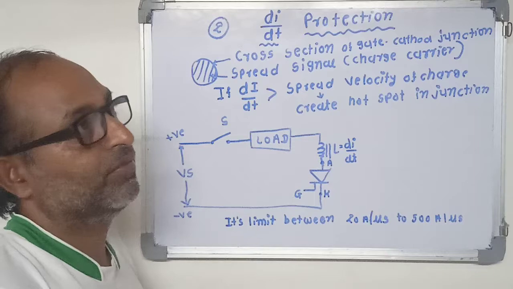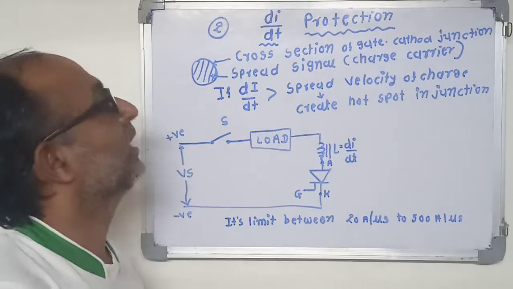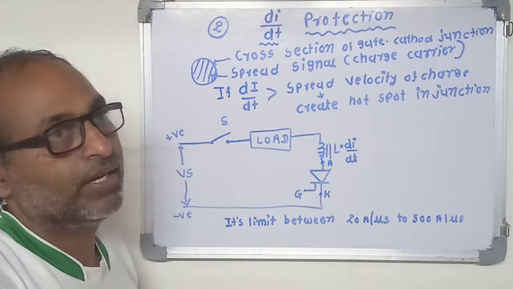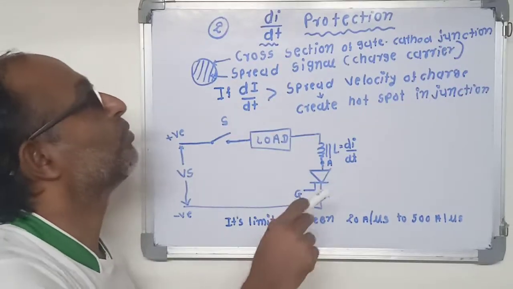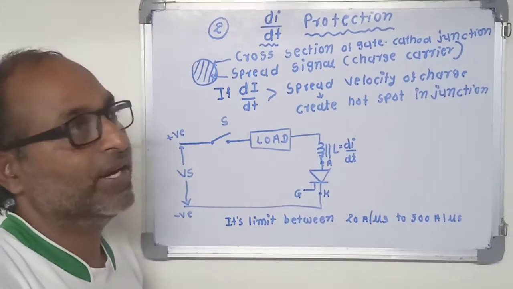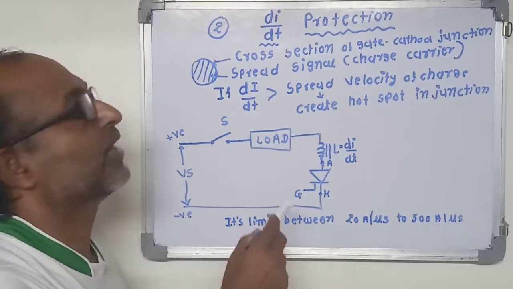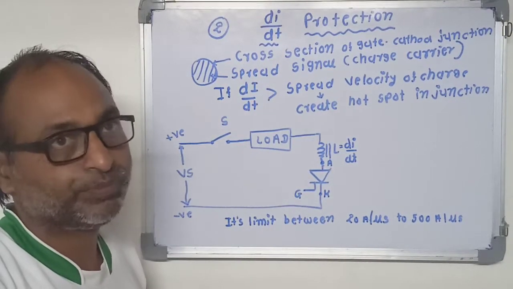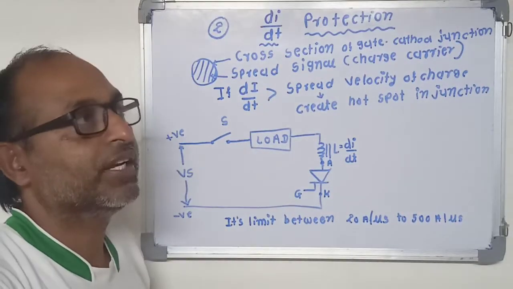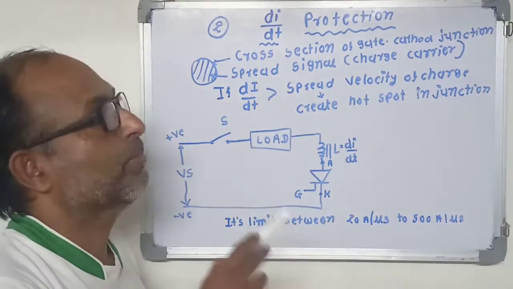If the rate of rise of anode current is greater than the spreading velocity of the charge, it may create hot spots in the gate-cathode junction, which may damage the SCR. Therefore, the rate of rise of anode current at turn on must be kept below the specified limit given by the manufacturer.